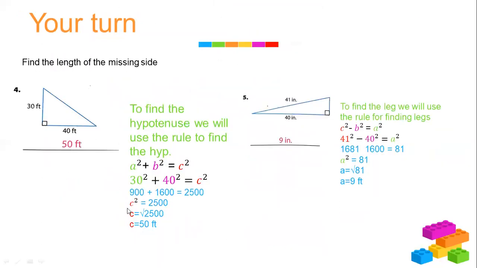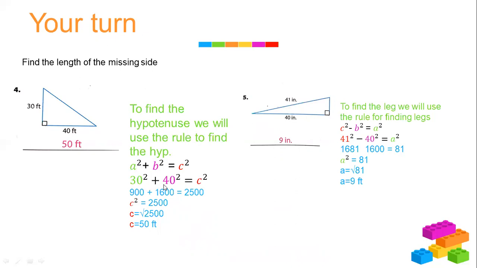At this part, we practice the same ideas using different examples. Here we want to find the hypotenuse in example 4, and in example 5, we want to find A, or one of the legs. To find the hypotenuse, we use the rule A power 2 plus B power 2 equals C power 2.